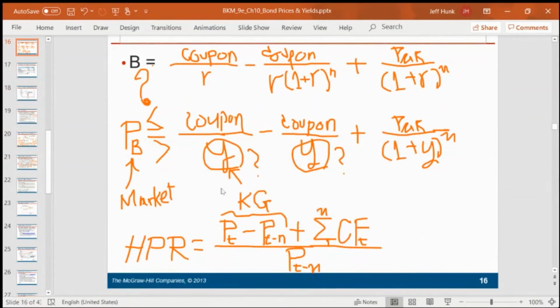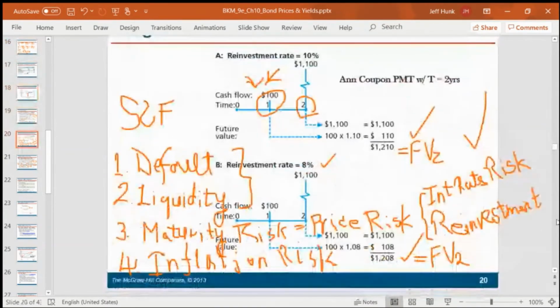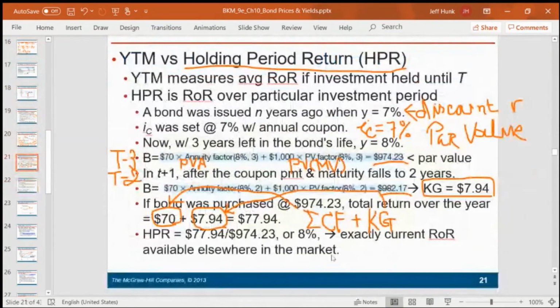If you want to calculate the 1 year holding period return, if you bought this bond 3 years before maturity, at time t minus 3, and sold it at the end of time t minus 2, then you divide by the price at time t minus 3, which is your initial investment.